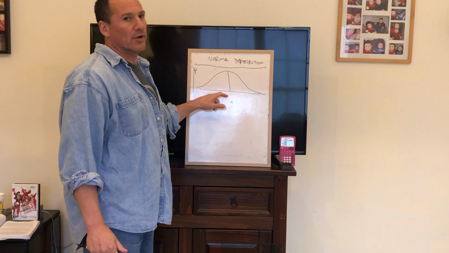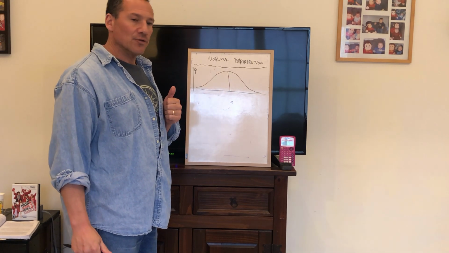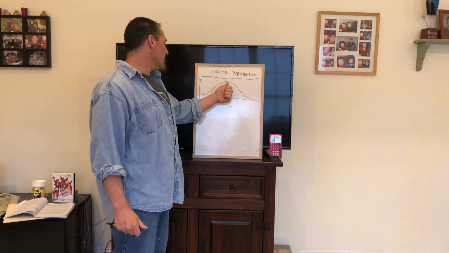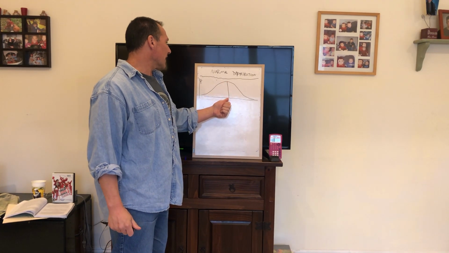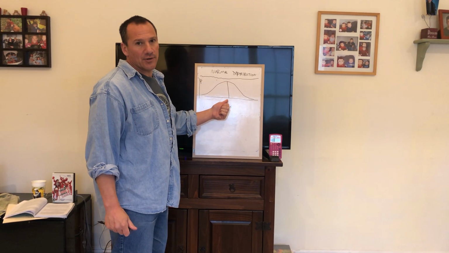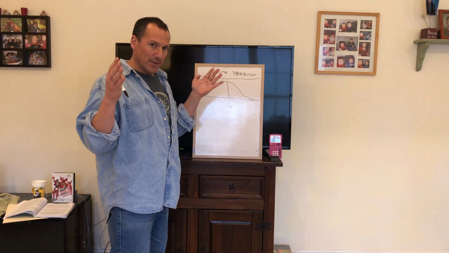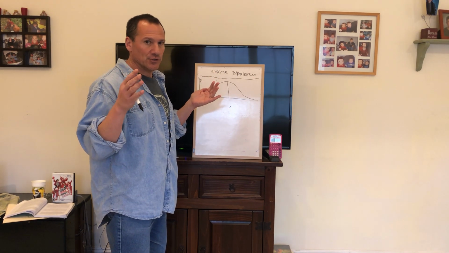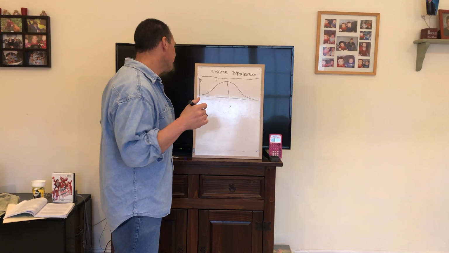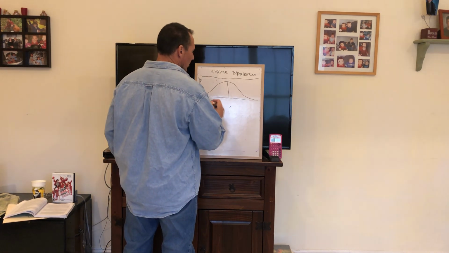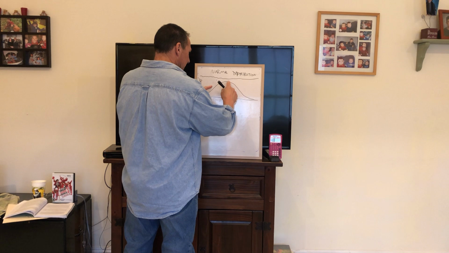So I always demarcate the mean. The mean is also useful because it tells you the fact that this is symmetrical. So it divides a symmetrical distribution or a symmetrical shape in half. As scores get closer to the mean, the curve gets higher.